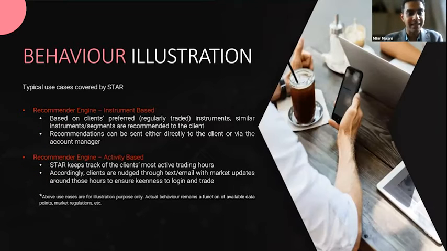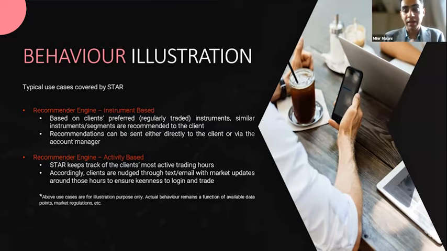Another would be, let's say, activity based. So the engine knows that a particular client is most active between 9 a.m. to 11 a.m. in the morning. So most of the recommendations will be sent out to the client only between 9 to 11, because we know that it's extremely likely that the client would make his or her investment decisions in the morning, because that's the preferred time for the client based on the activity log that we have in the system.